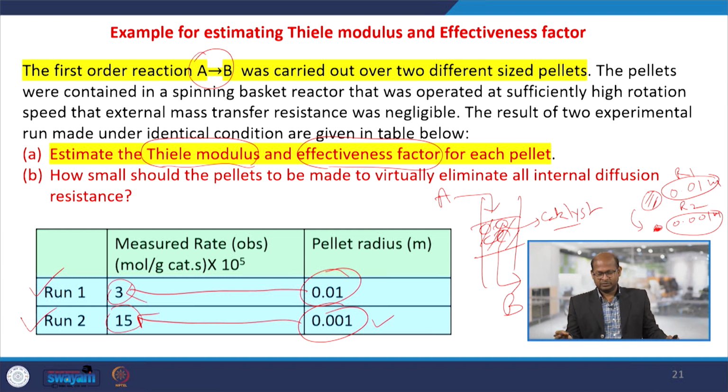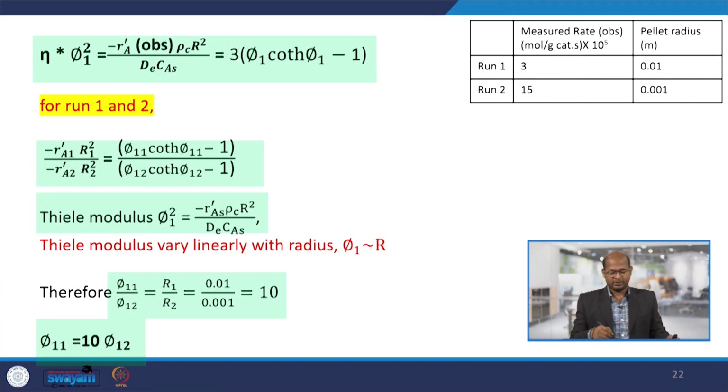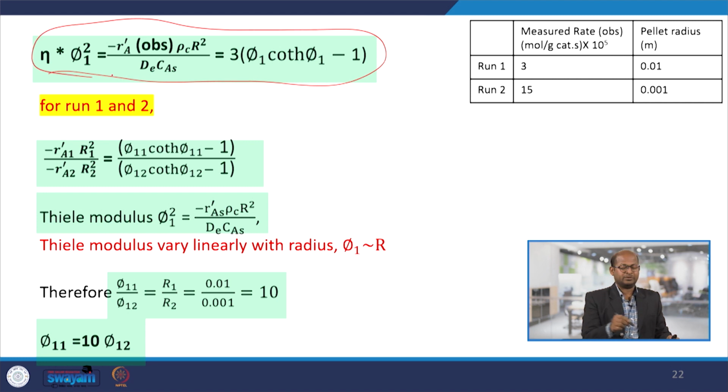If internal diffusion exists, then at what particular catalyst size can we eliminate the internal diffusion, that we will discuss. This is the correlation that we have discussed, how the effectiveness factor and the Thiele modulus are related. For run 1 and run 2 we can write this, where the other parameters are the same.